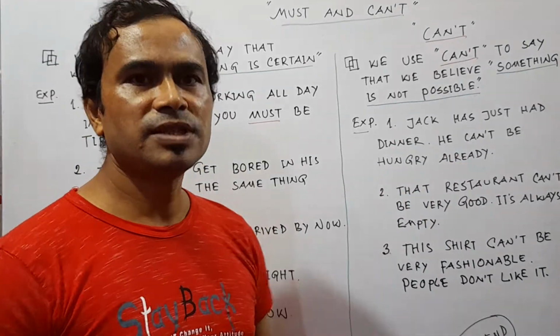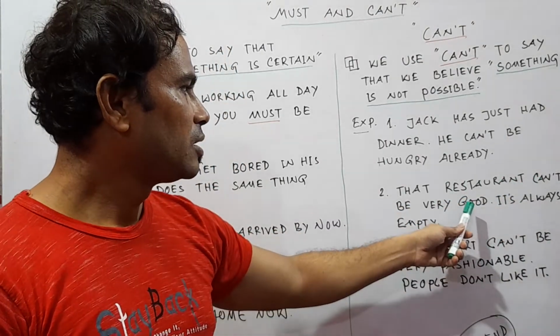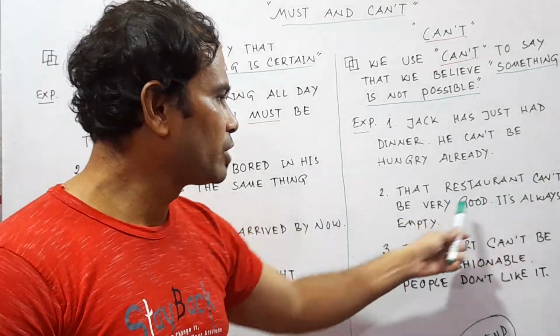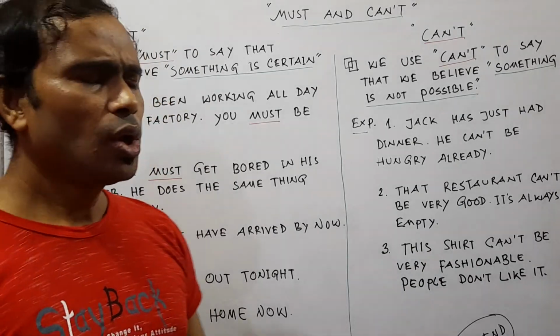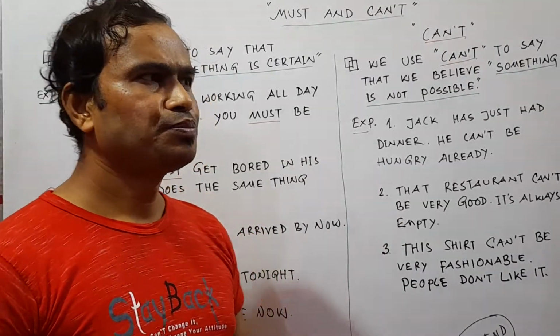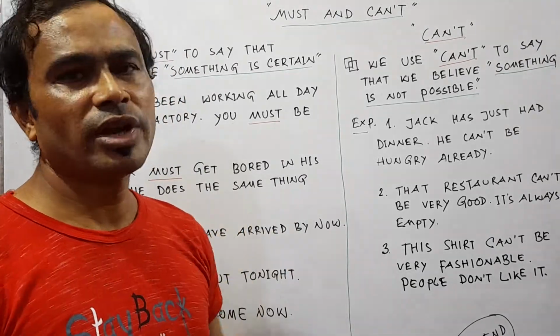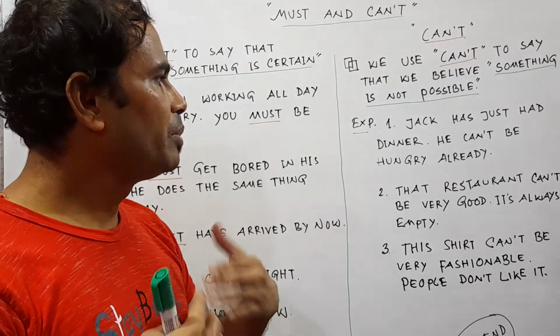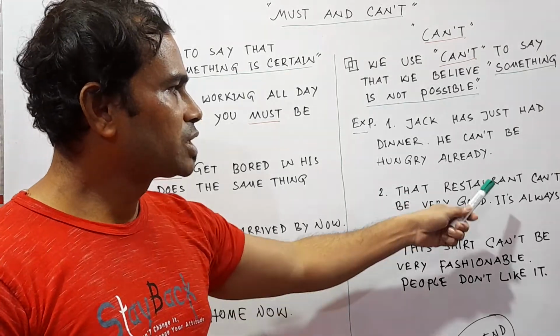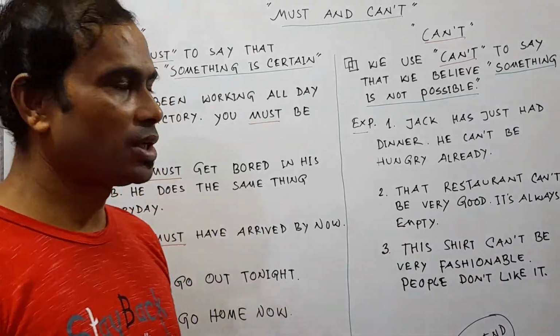So the next example is: that restaurant can't be very good. It's always empty. What does this sentence mean? It means the look of the restaurant is not so attractive to customers, or maybe the food is not delicious to taste.